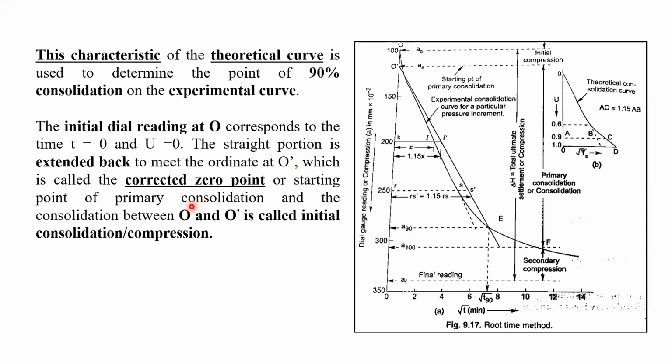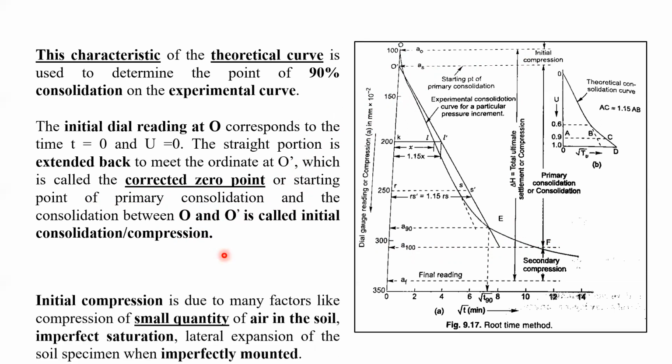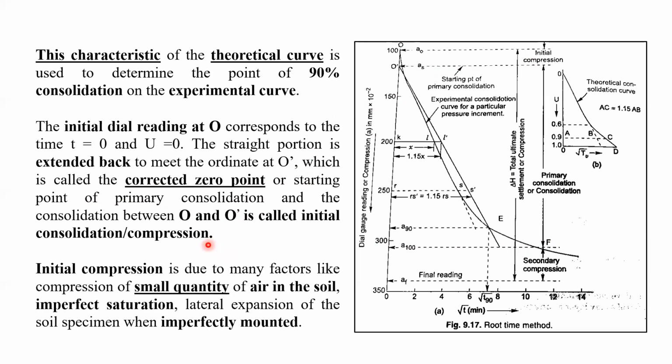The consolidation between O and O dash is called initial consolidation or compression. This initial compression is due to many factors, like a small quantity of air in the soil, and imperfect saturation.